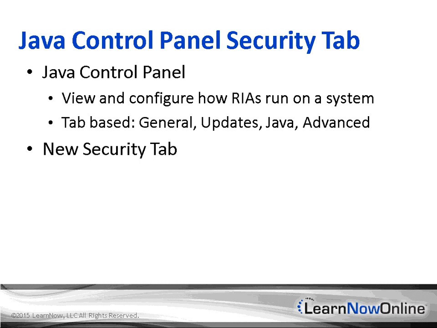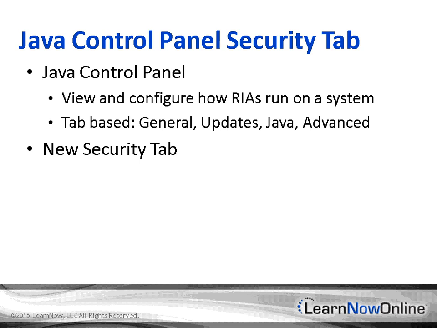Now, RIAs are deployed as compiled client applications and installed as web browser plugins. RIAs run logic on the client machine, so they're offloading the server and giving very fast response time. But running unknown compiled applications on your system requires more security than the sandboxing provided.